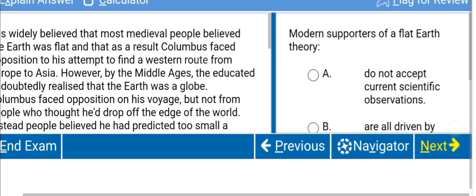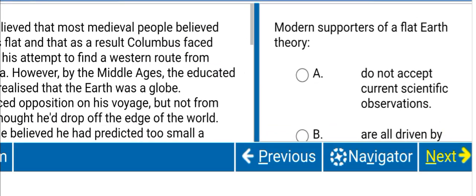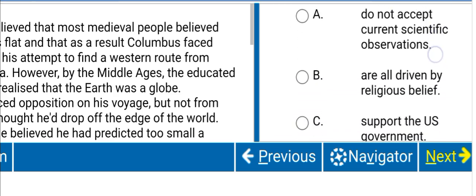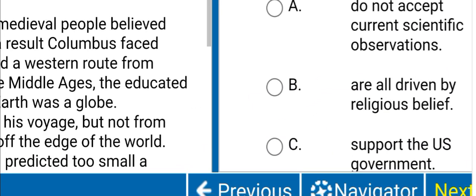Next we have that modern supporters of a flat earth theory, option A, do not accept current scientific observations. Option B, are all driven by religious belief.